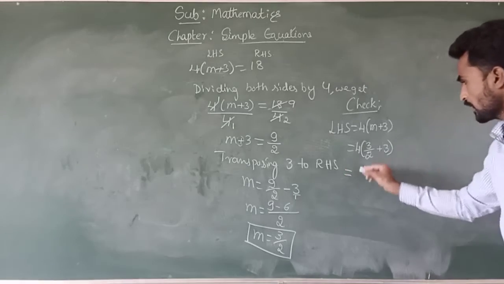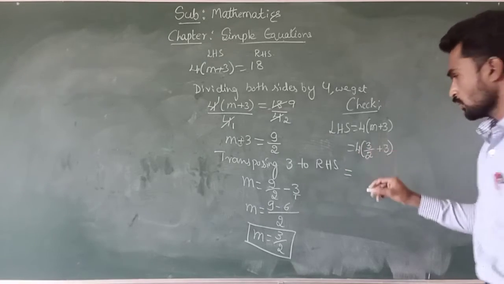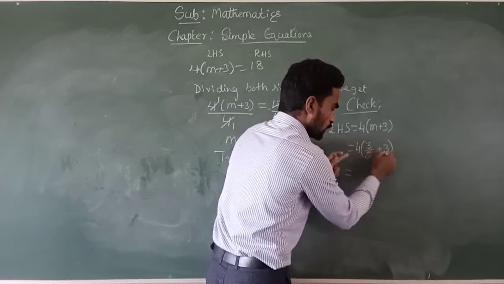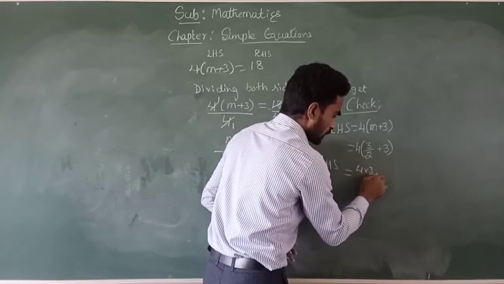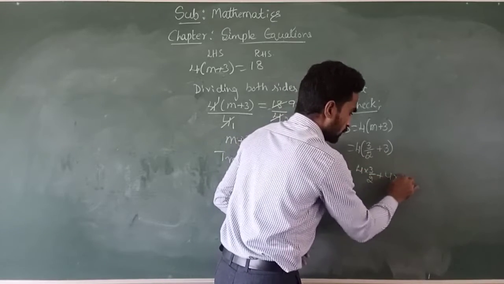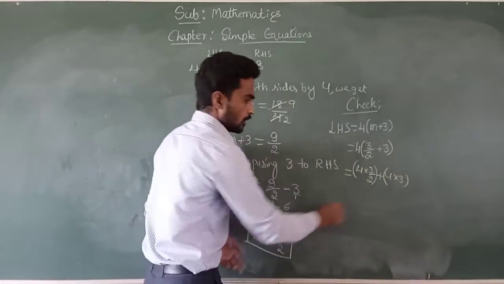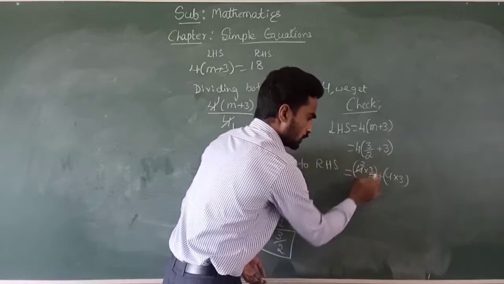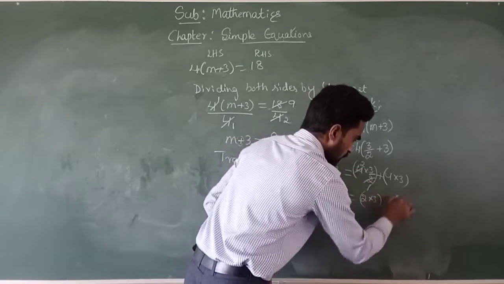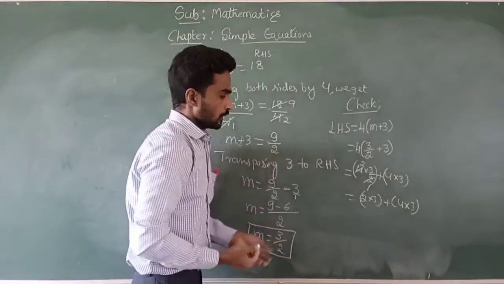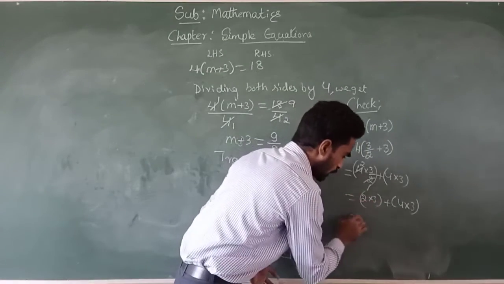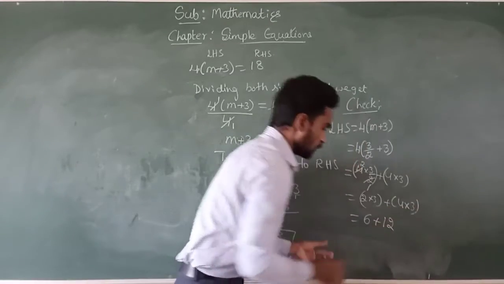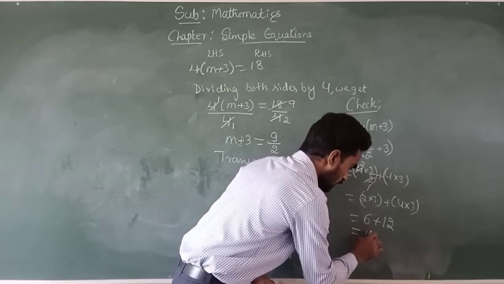We already know that for multiplying 4, we multiply 4 to both the terms: 4 into 3 by 2 plus 4 into 3. Now 2 ones are 2, 2 twos are 2 into 3, plus 4 into 3. Then 2 into 3 we get 6, plus 4 into 3 we get 12. 6 plus 12 we get 18.